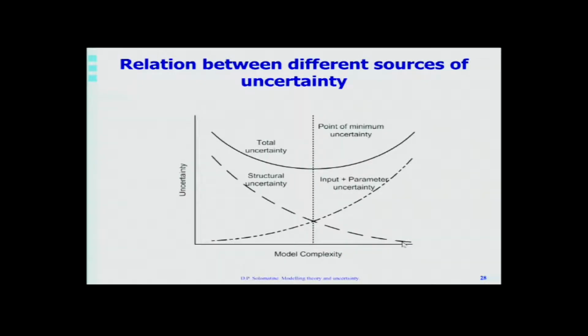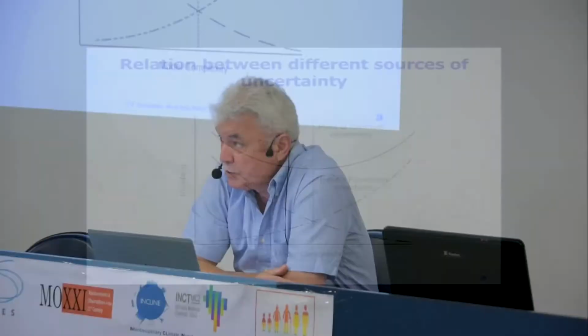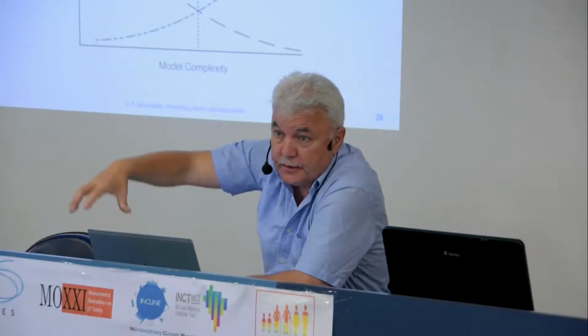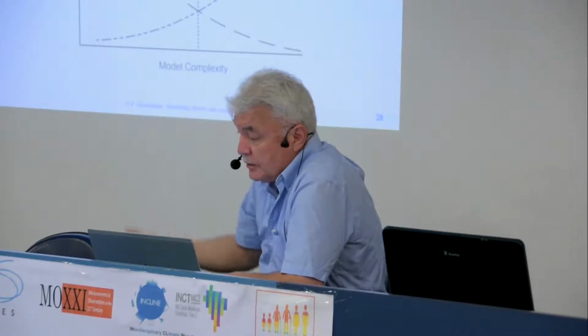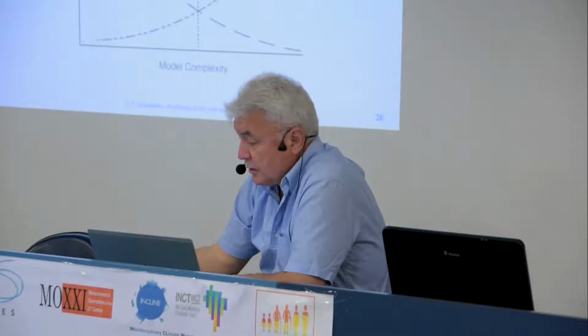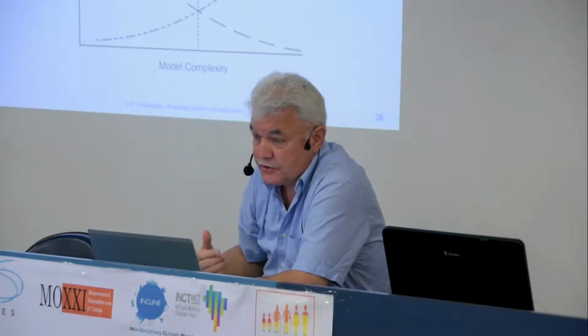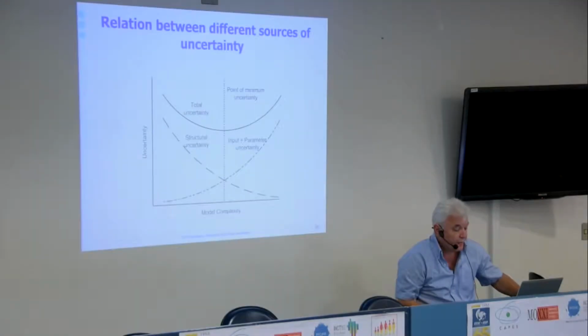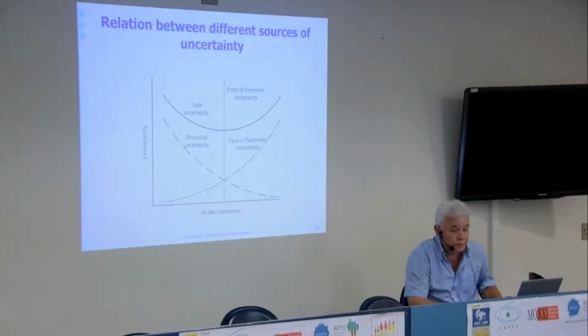And then you switch to a distributed model, really distributed. It means every square meter of your catchment maybe will be modeled as a soil column, you know, and they're connected, and you know how water flows. So you are quite accurate in representing the natural system. So structural uncertainty would be low because your model, in theory, is accurate.